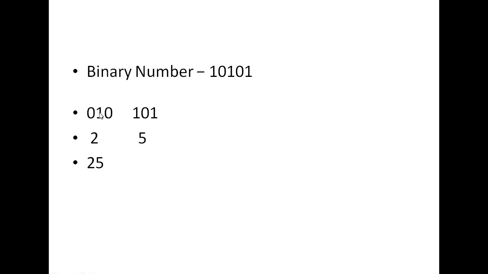Then 0 1 0, that is 2 in decimal. 101 is 5 in decimal. So 10101 means 25. Binary to octal means group the whole number into 3 digits from right to left.